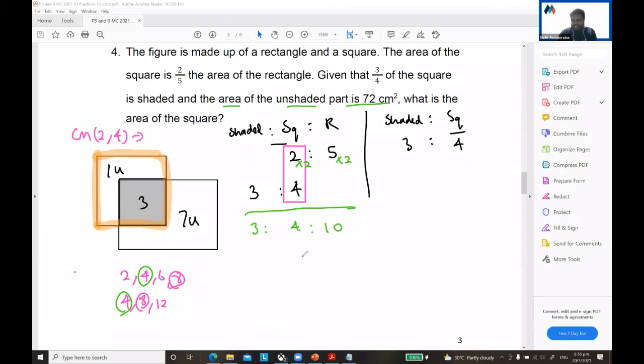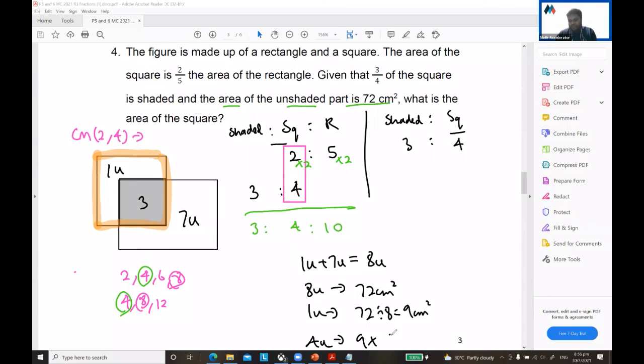It's 1 unit plus 7 units. That's a total of 8 units. So 8 units is 72 cm squared. So find for 1 unit first. So what's the area of the square? Square is 4 units. So it's 9 times 4, you'll get 36 cm squared. That's all.